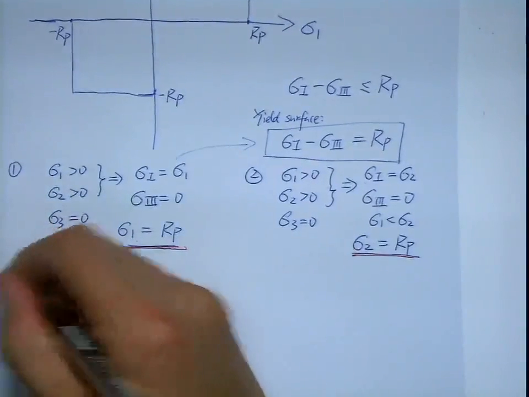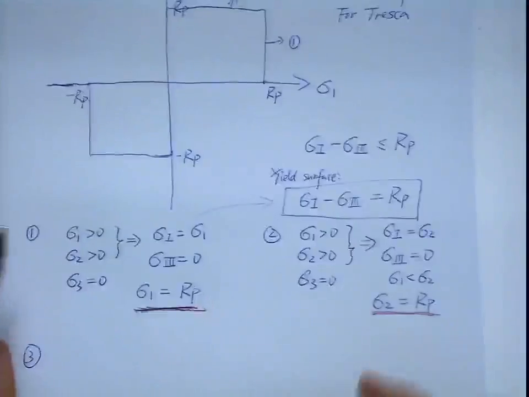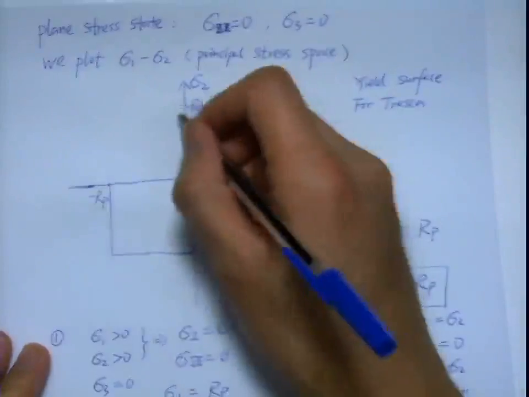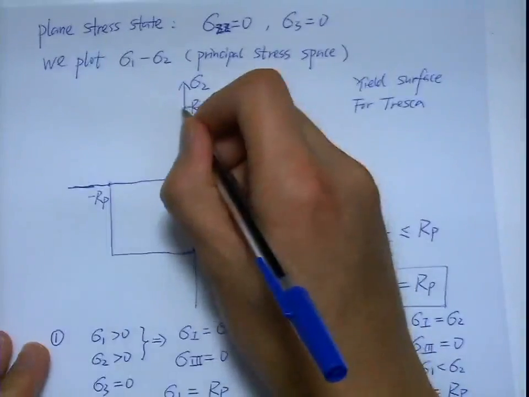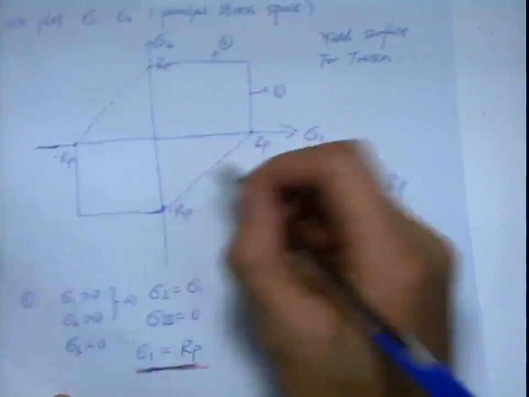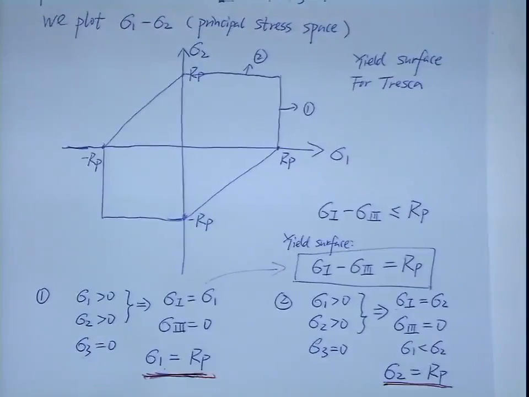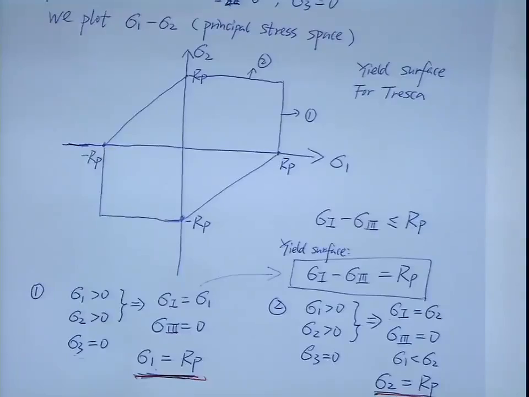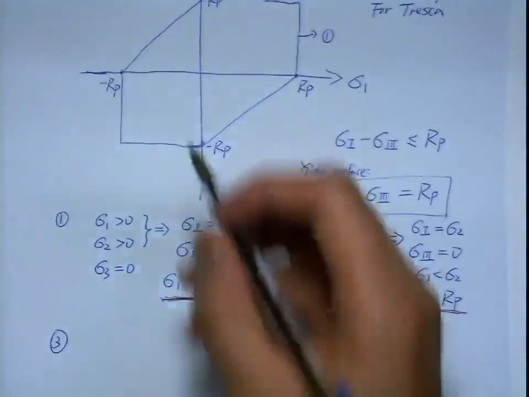And number 3 and number 4 is, let's say number 3 is just you connect these 2 points. Similarly, you connect these 2 points. It's kind of a hexagonal shape of this Tresca yield criteria. So let's look at number 3.